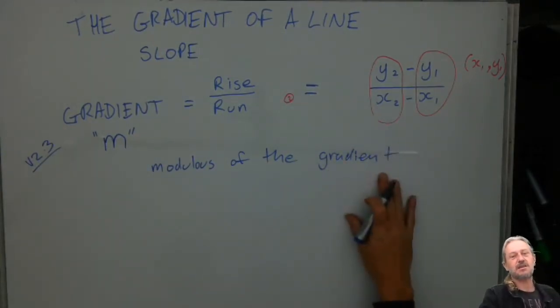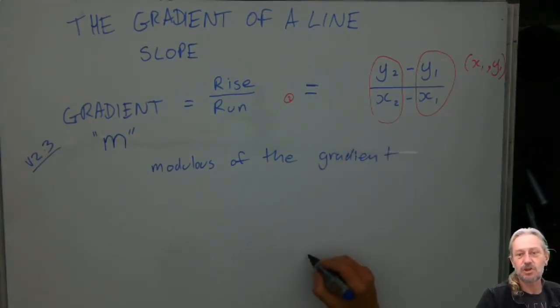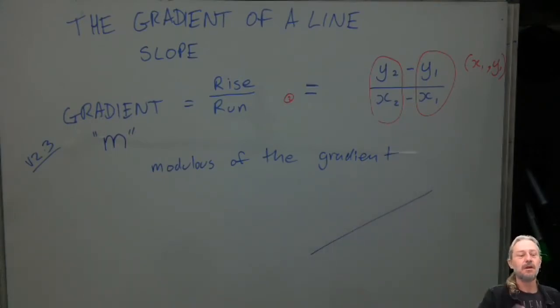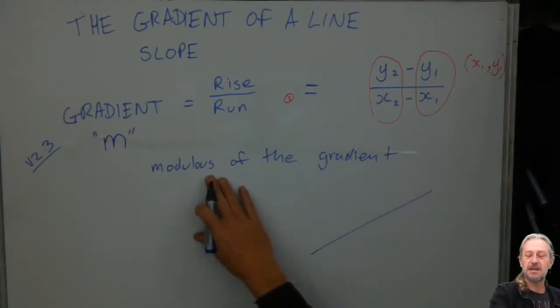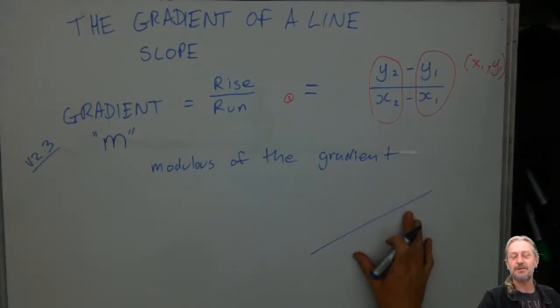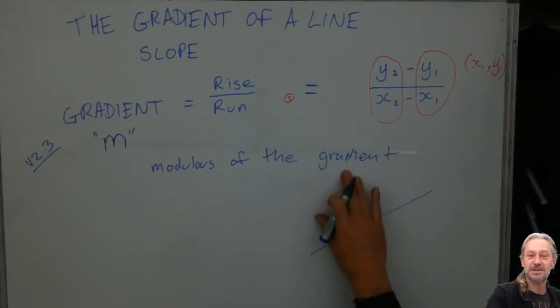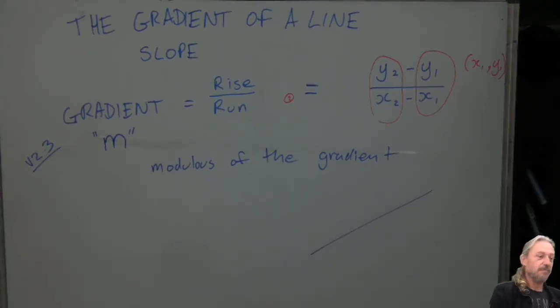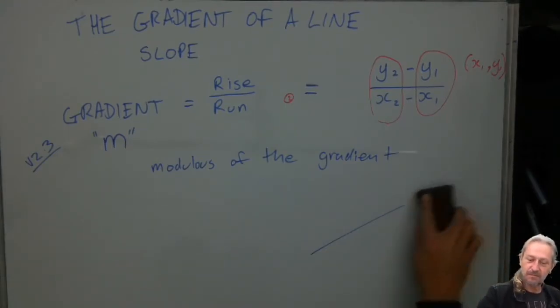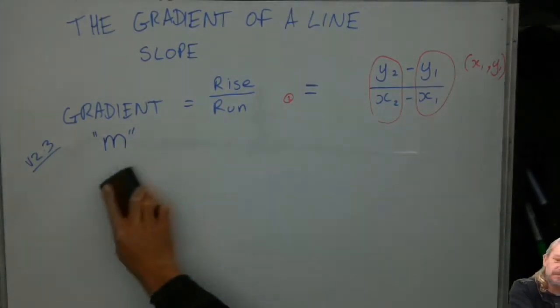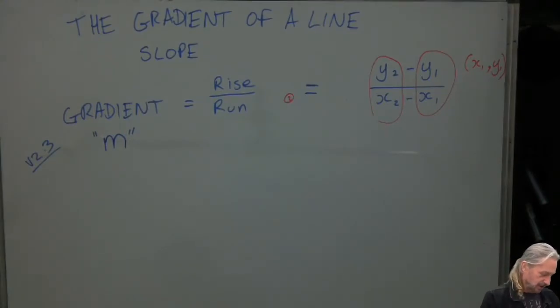Because the gradient is essentially the slopiness of a line, but the modulus means the number that we use to describe how slopey. So it's the number we attach to this. So I will use m when we're doing calculations, just because it's the one I like.